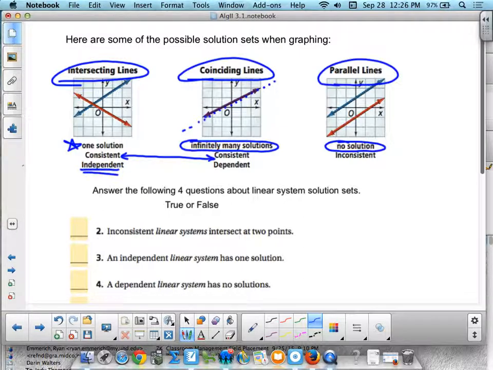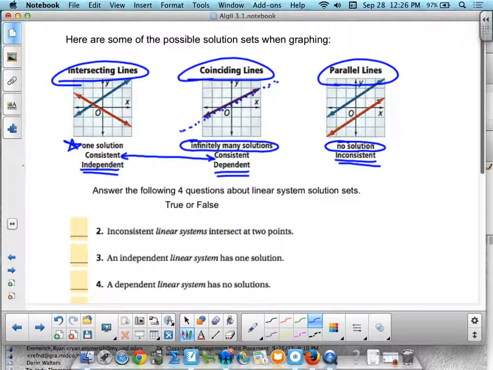And that should make sense. Independent all by itself. Okay, one solution. If you get millions and billions of answers like this one, then you just say the opposite. It's dependent. So independent, one answer. Dependent, billions and trillions of answers. Infinitely many solutions. Now, if you get nothing, you don't get any answers, then they just call it inconsistent.